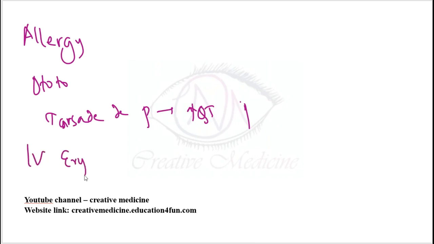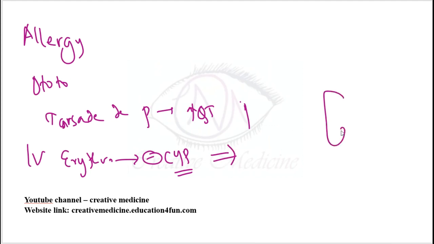And the drug IV erythromycin can cause dose-dependent reversible ototoxicity, and IV erythromycin will inhibit a CYP enzyme, and thus by inhibiting CYP enzyme, it increases the levels of the drugs which are metabolized by CYP enzymes.